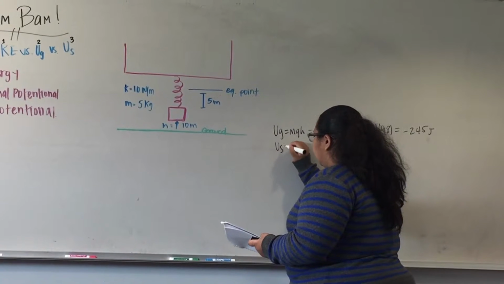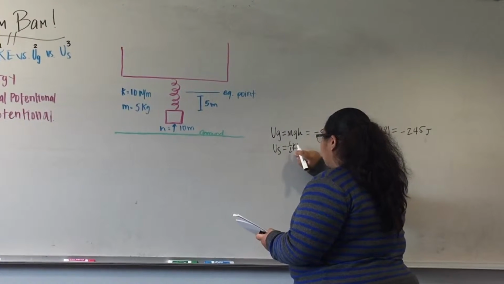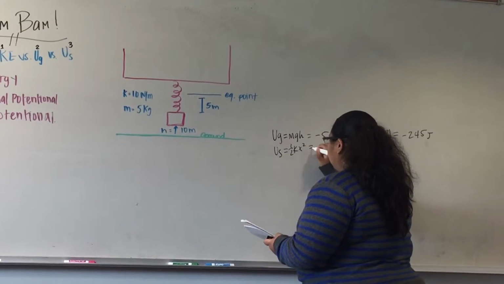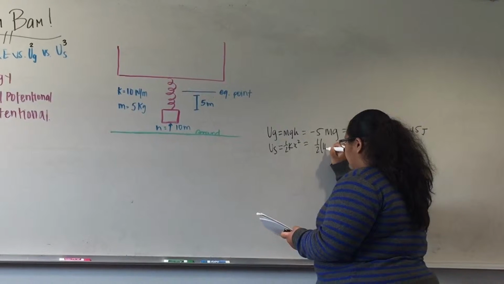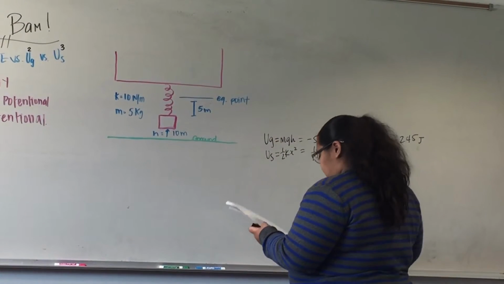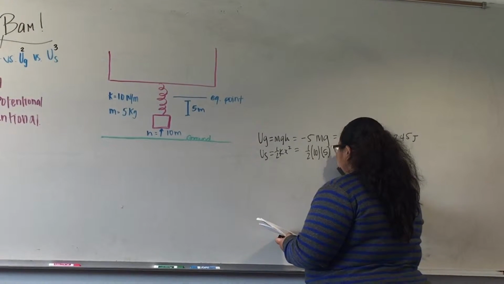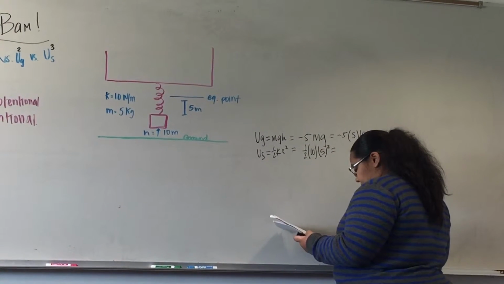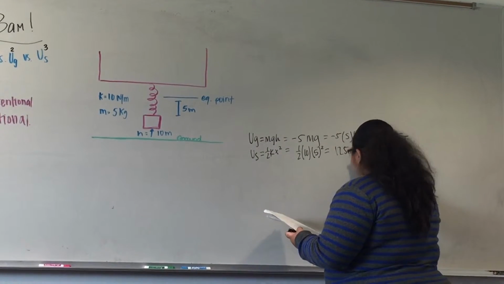For the spring, we have 1/2 the constant times distance squared, which is 1/2 times 10. That's the constant. And the distance is 5 squared. And we end up having 125 joules.